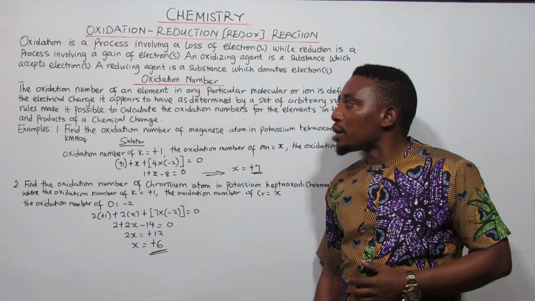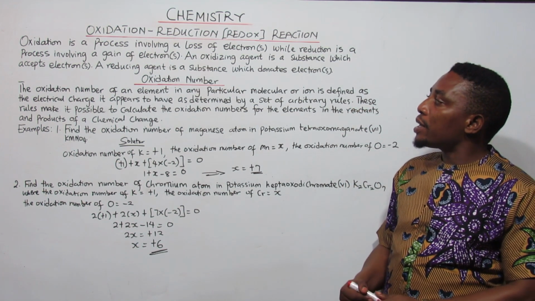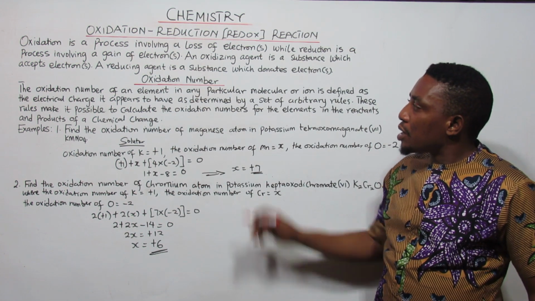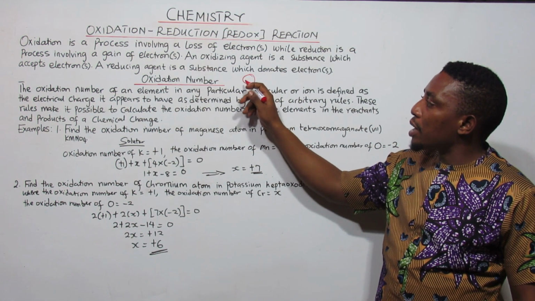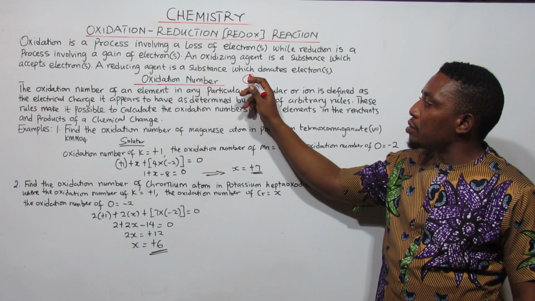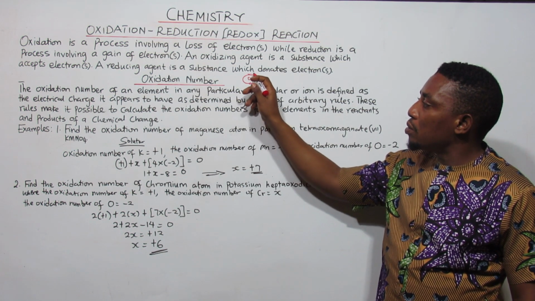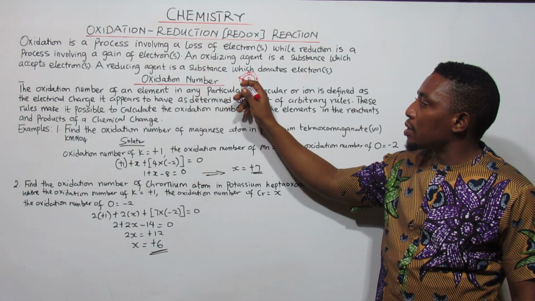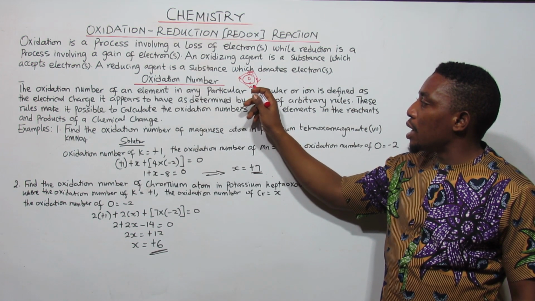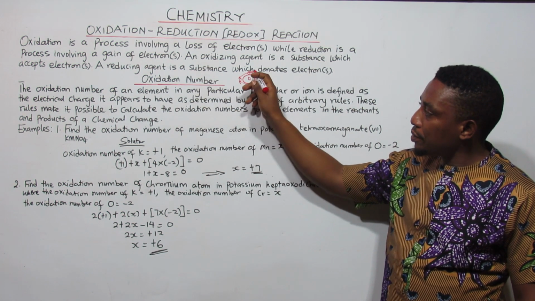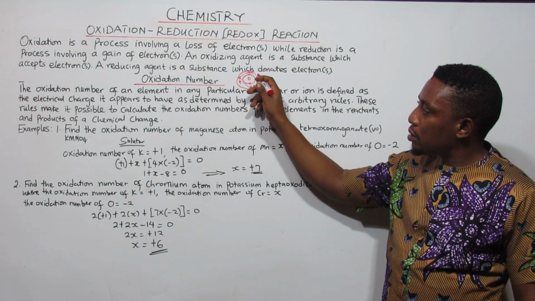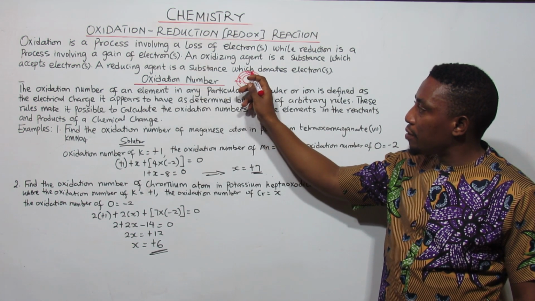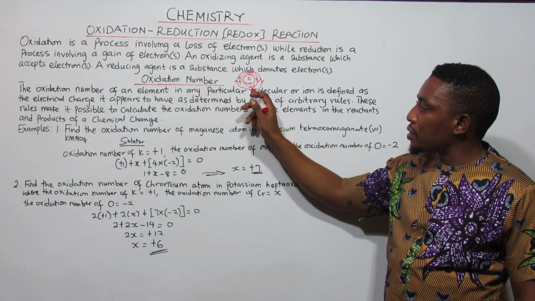potassium. Potassium is a metal, and if we draw the atomic structure of potassium, you see this is the nucleus, 1, 2, 3, 4, 5, 6, 7, 8, 9, 10, then 11, 12, 13, 14, 15, 16, 17, and 18.